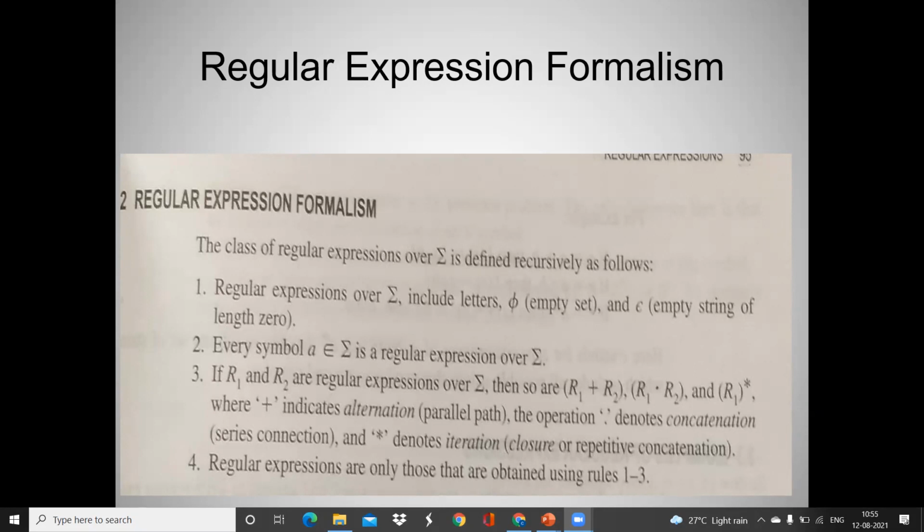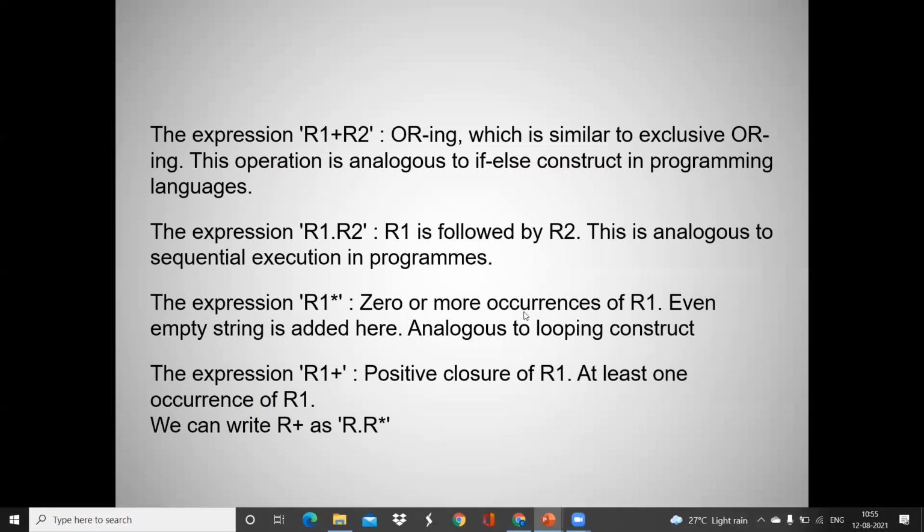And regular expressions are only those that are obtained using rules 1, 2, 3. Now, this I have already explained: R1 plus R2 is just like ORing, just like if else. R1 dot R2 is sequential execution of programs. R1 star is zero or more repetitions. R1 plus is at least one repetition, one or more repetitions.